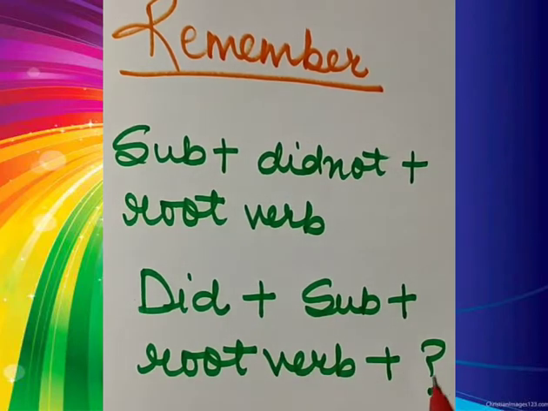This pattern we have to follow when we are rewriting the sentences of simple past tense into interrogative sentences. So remember both these things, then only you can rewrite the sentences into negative and interrogative form.